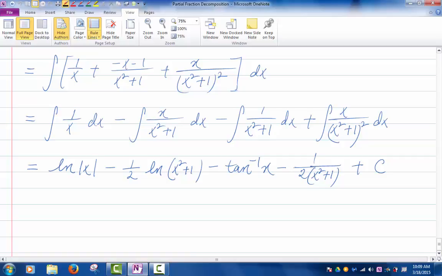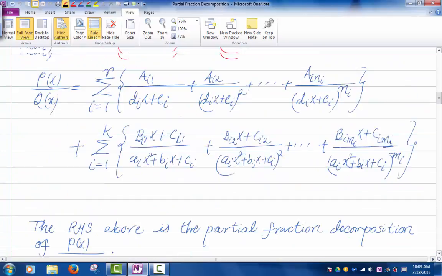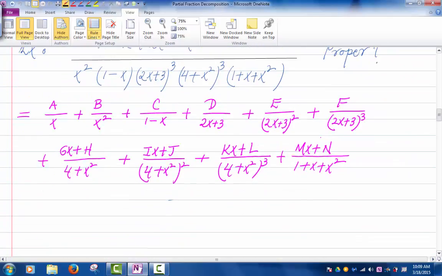Remember, I did one example where it seemed like I was about to finish the alphabet, but if you have something like this, I wouldn't be asking you to solve for A, B, C, D all the way up to N, right?